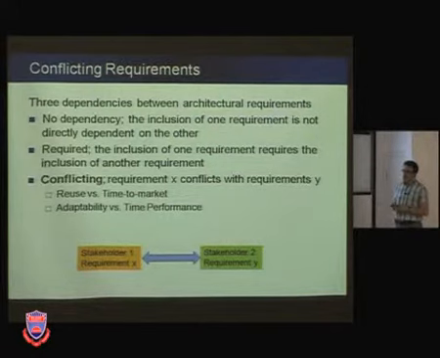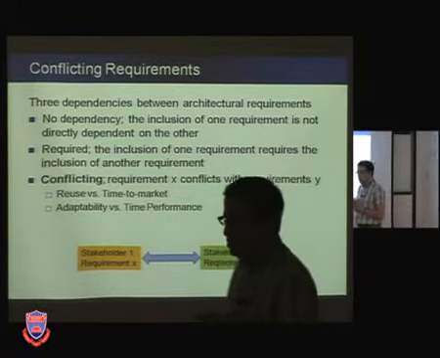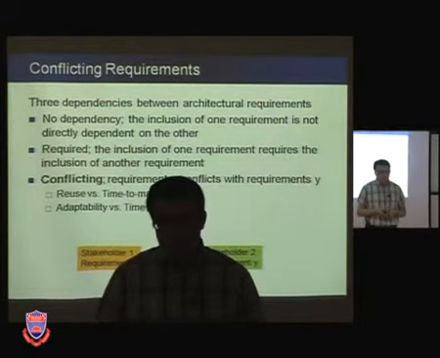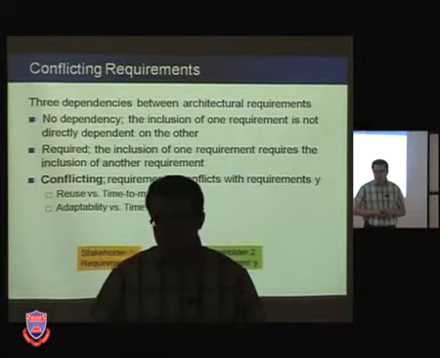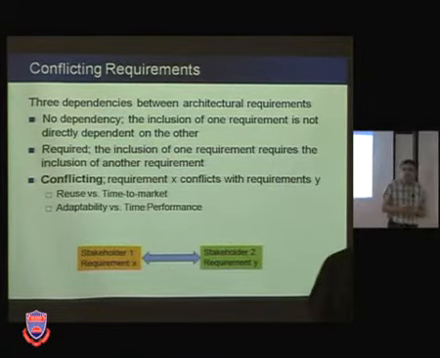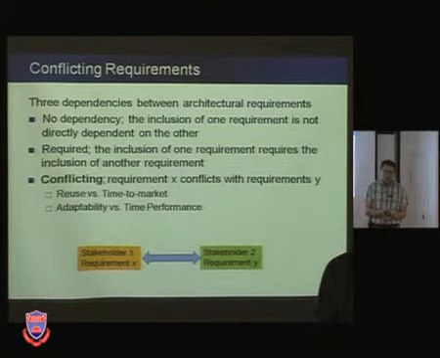For example, the concern of reuse might conflict with time to market. You would like to design your system such that it's very reusable. But time to market means that you have to deliver it in time to the market, otherwise you will lose your customers. So you don't have time for reuse.